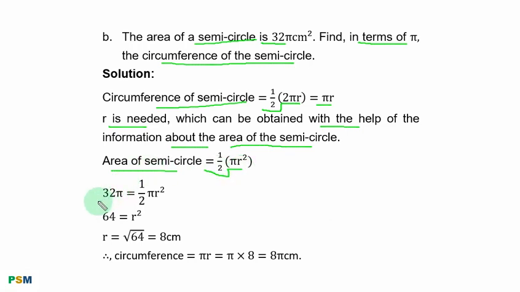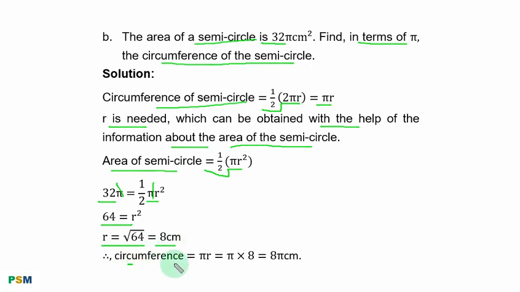You have 32 pi equal to 1 over 2 pi r square. Pi will cancel pi. Multiply through by 2 to clear fraction. You have 64 equal to r square. r becomes the square root of 64 equal to 8 centimeters.